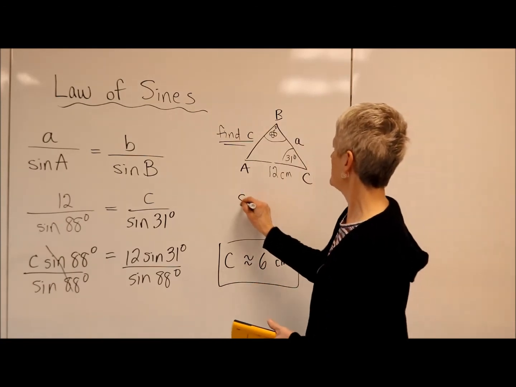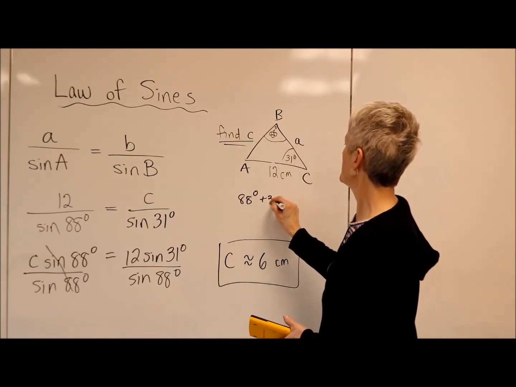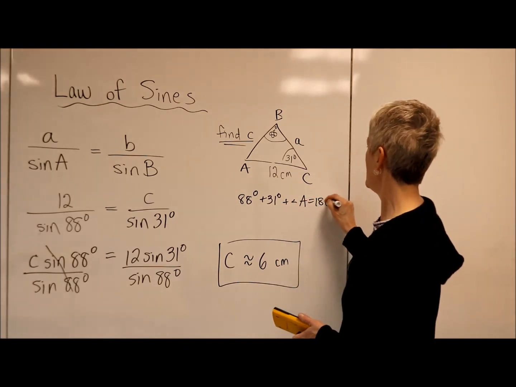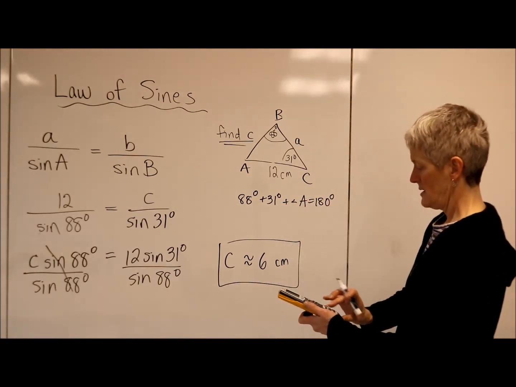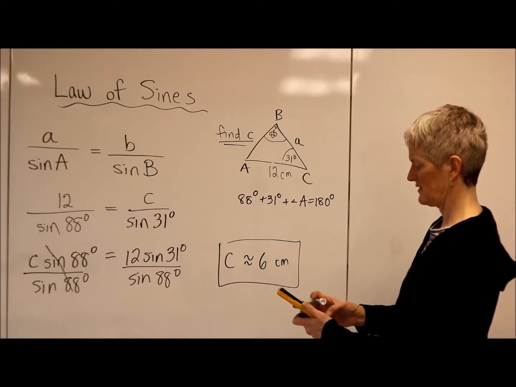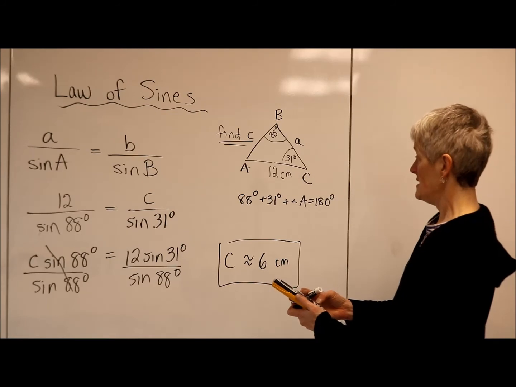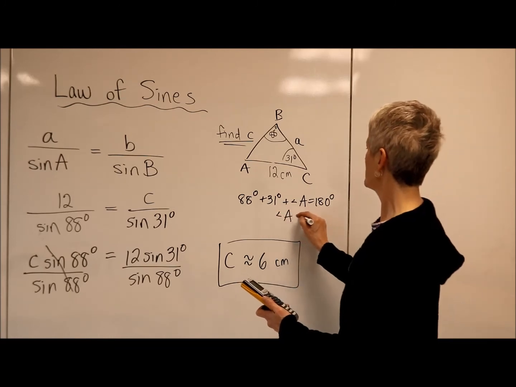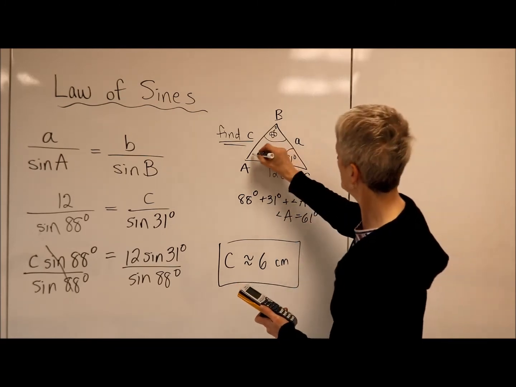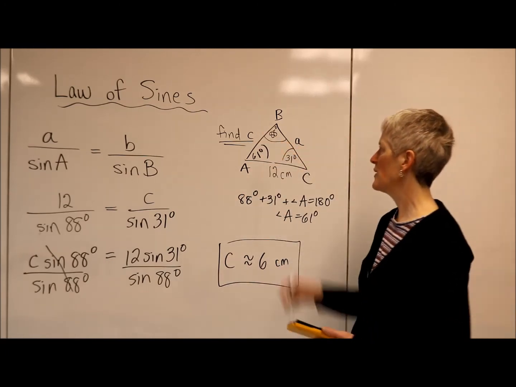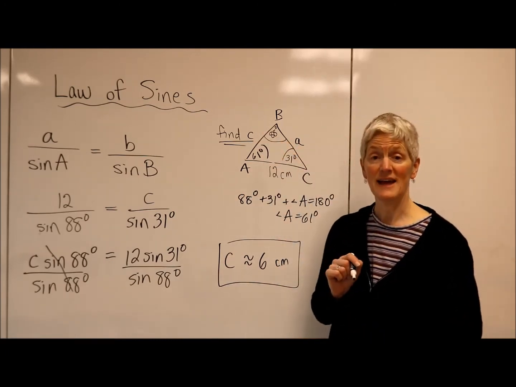So 88 degrees plus 31 degrees plus angle A has to equal 180 degrees. 180 minus 88, minus 31. So angle A is 61 degrees. All right, and then you could set up another ratio to find side a.